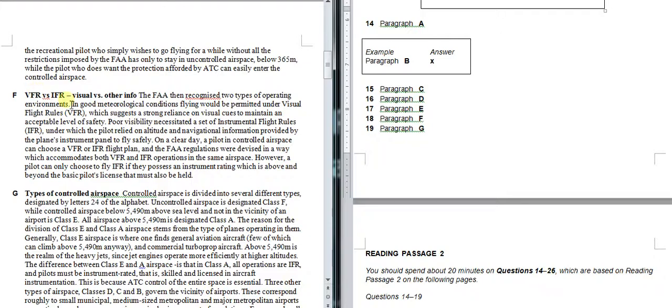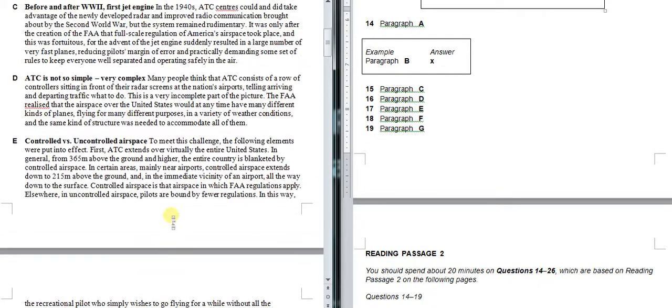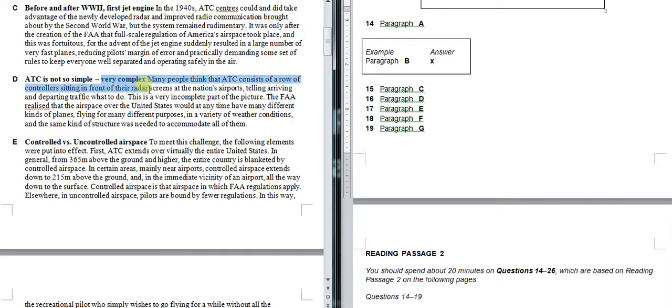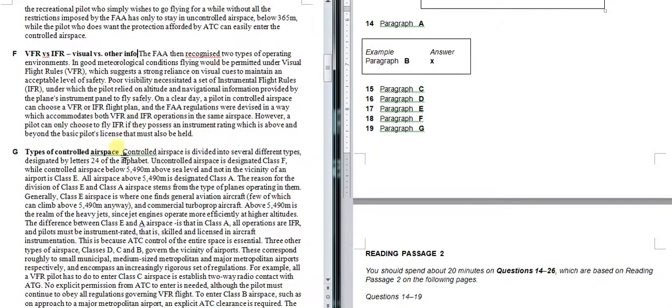So for pilots, different rules, VFR, IFR. Okay, and also, we've got different types of controlled airspace. All of this is supporting this idea. The ATC is very complex. In what ways? A, B, and C.